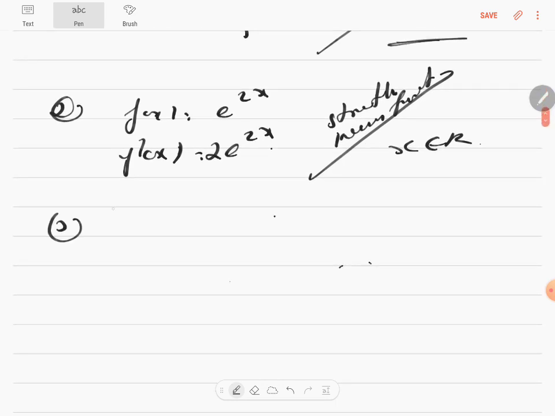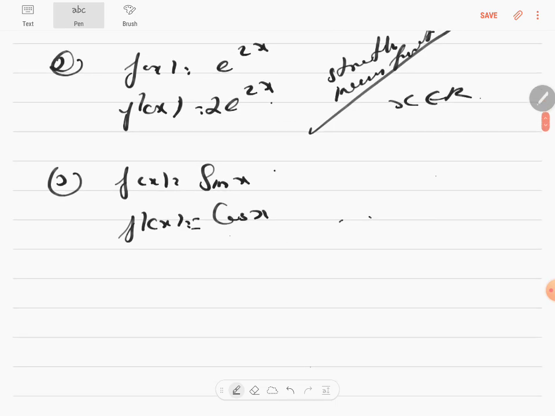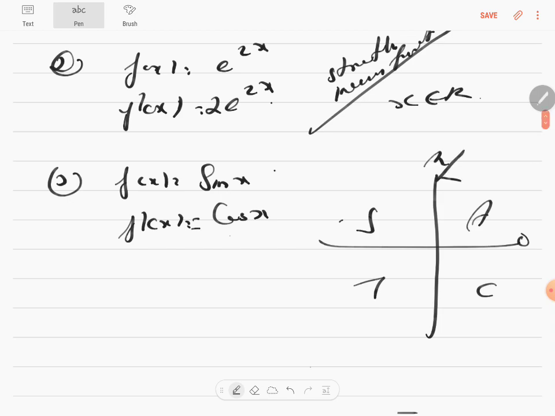Third question. f of x is equal to sin x. f dash of x is equal to cos x. You'll think of equating it to 0, getting the value of x, putting it in the number line, which is what I told you. Correct? Differentiate it, equate to 0, get the value of x, put it in the number line. I won't do that. For a trigonometric function where I have cos x, I know, all school taught children know, from 0 to pi by 2, cos is positive.